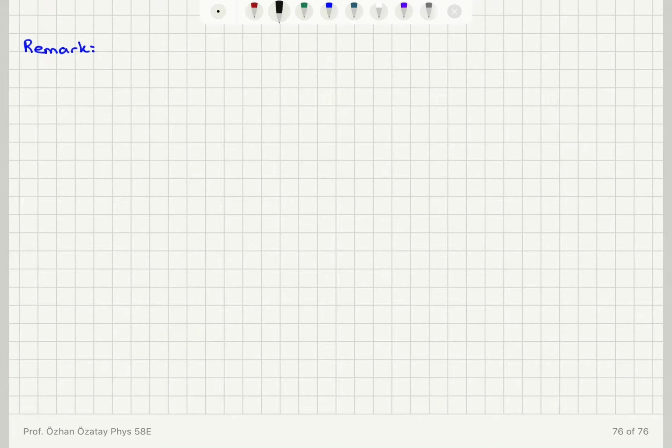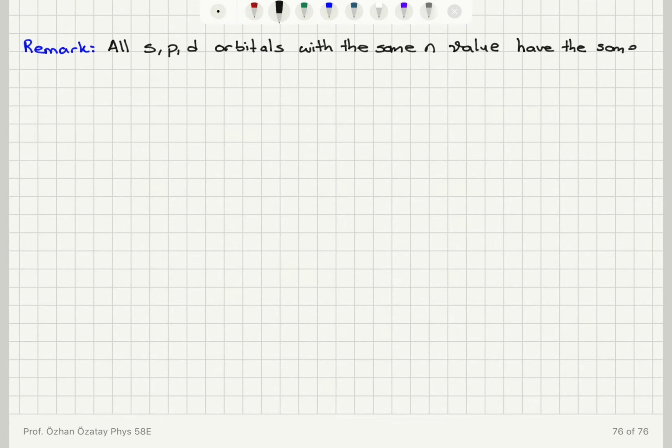So s, p and d orbitals that have the same principal quantum number value have the same energy; this is strictly speaking correct for hydrogen.